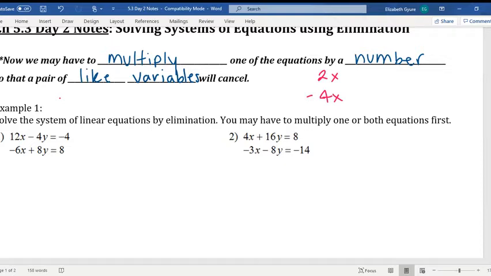Yeah, correct. That is correct. If I take a 2x and I multiply it by a 4, that gives me 8x. If I take a negative 4x and I multiply it by 2, that gives me negative 8x. And would an 8x cancel with a negative 8x? Yeah, thanks. Thanks, Annalise. I'm teaching Annalise today.